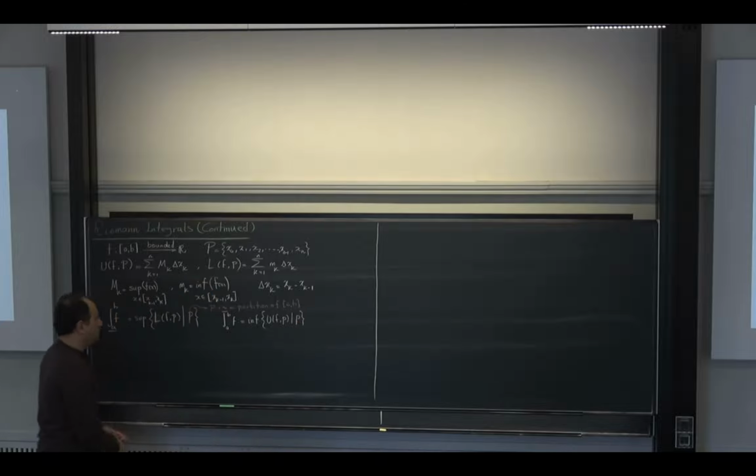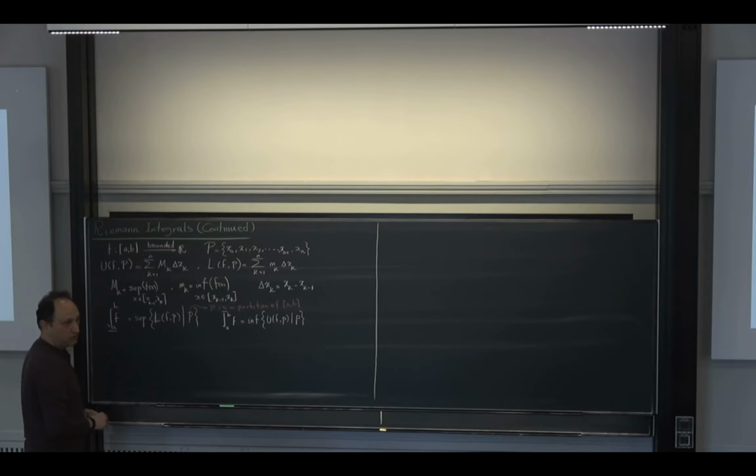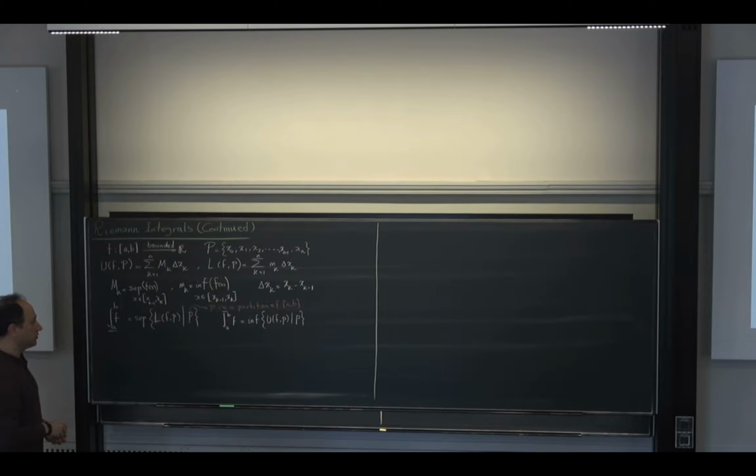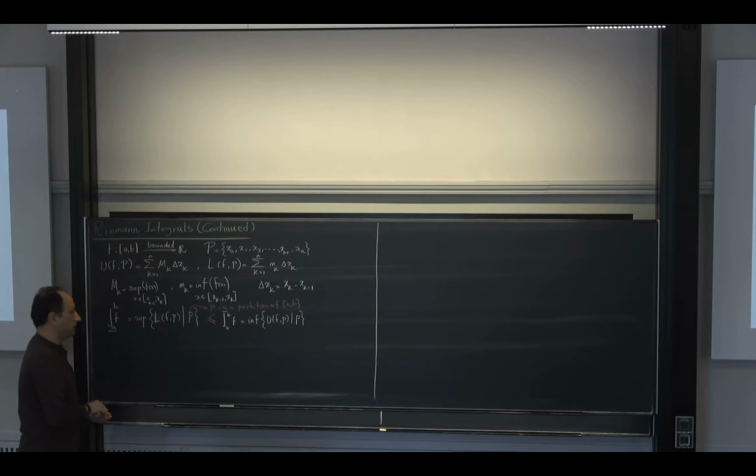And then we showed that in general there is no guarantee that these two numbers are the same. For example, for the Dirichlet function, we realized that one of them is 0 and one of them is 1, regardless of the partition that I choose. But we proved that the lower integral is always less than or equal to the upper integral, but there is no guarantee that they are equal.